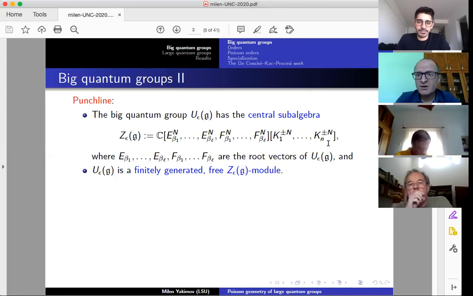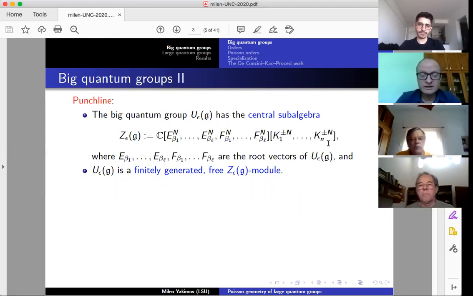And it's somehow very similar to the situation when you study the universal enveloping algebra of a simple Lie algebra over a field of positive characteristic. And then De Concini-Kac and Procesi proved that the big quantum group is actually a finitely generated free module over this central subalgebra.